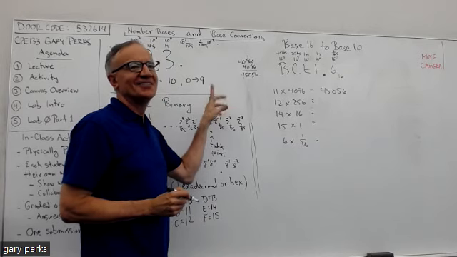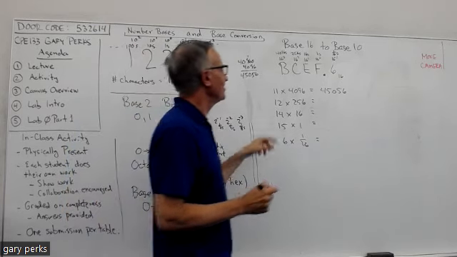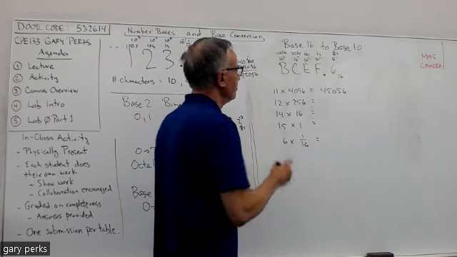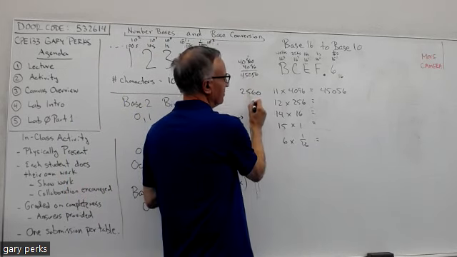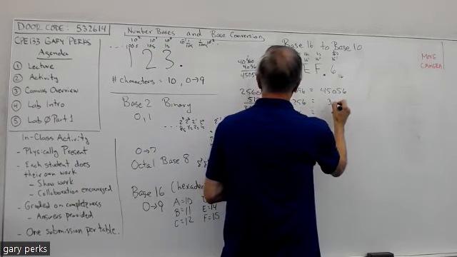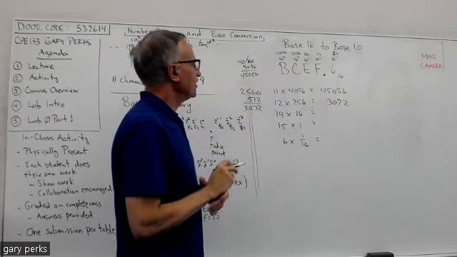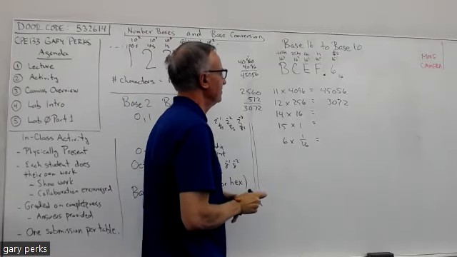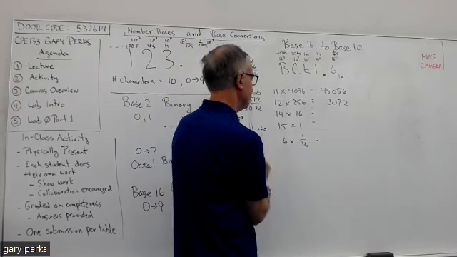You're not going to tell me? You're going to wait till I finish, then tell me it's wrong? That's good. Okay, thank you. All right, then 12 times 256, that's going to be 2560 plus 512, right? That would be 3,072. Okay, then 14 times 16, but that's 160 plus 64.